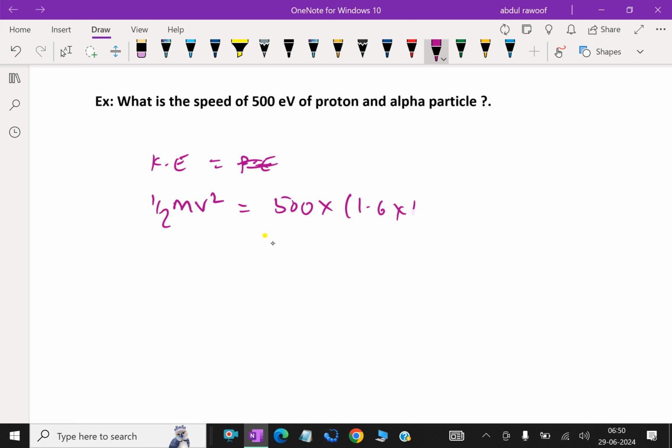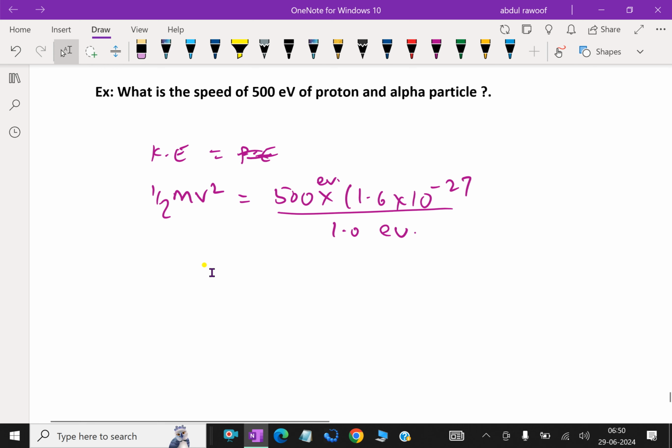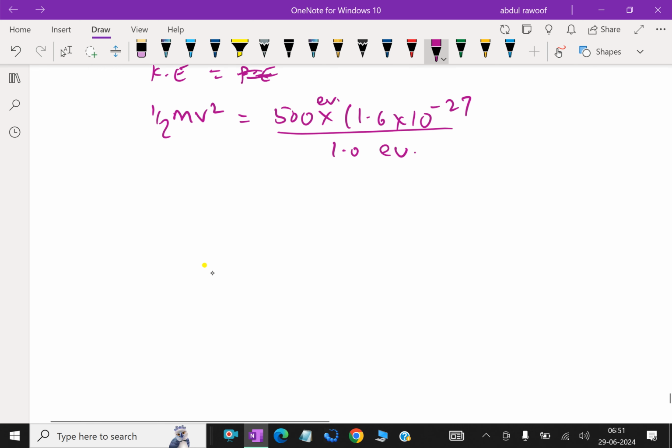So from this, half mv square equals 500 electron volt, and we can directly find the velocity v.